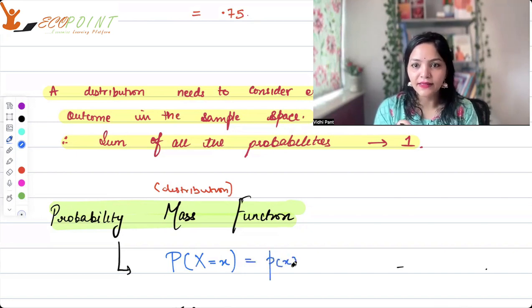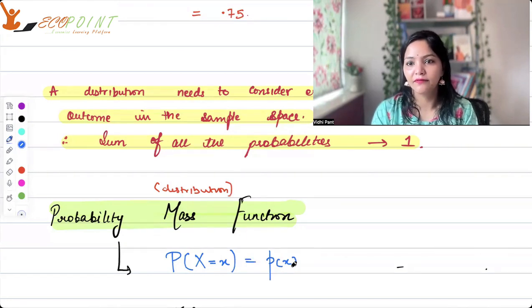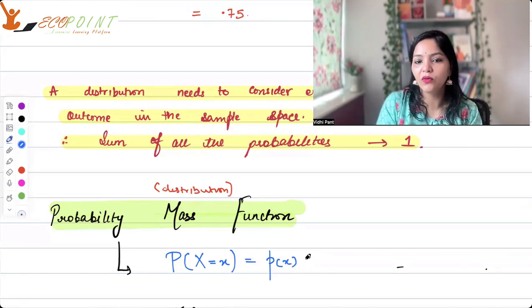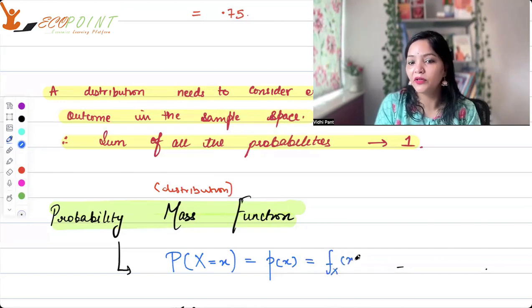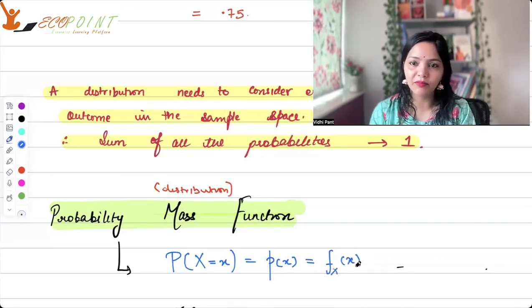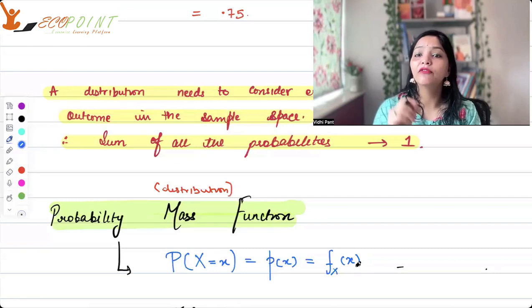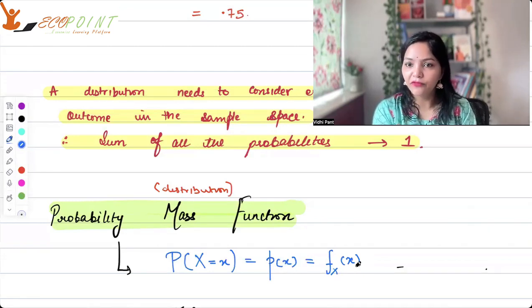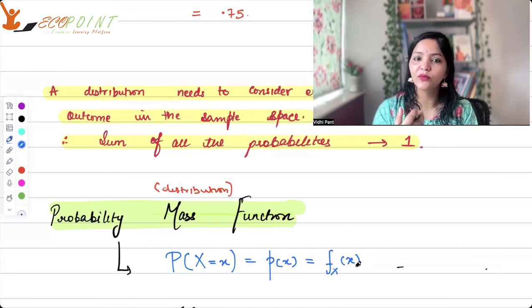Now, this is probability mass function. It can also be written as a formula for that matter. In a lot of examples, you will be able to give a formula to it. And therefore, the word function out here, because there could be a formula given to it.